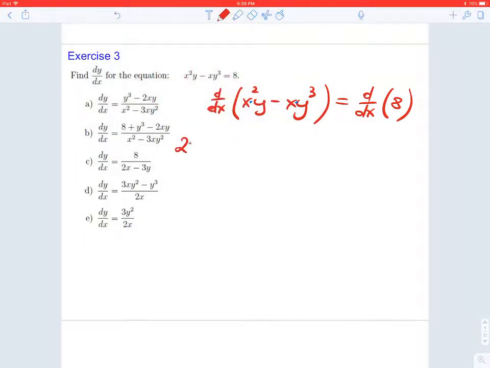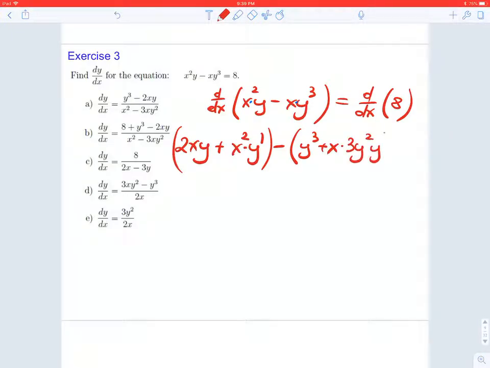The derivative of x squared is 2x times y, then x squared times the derivative of y, minus the derivative of x is 1 times y cubed plus x times the derivative of y cubed, 3y squared times y prime. The derivative of 8 is 0.